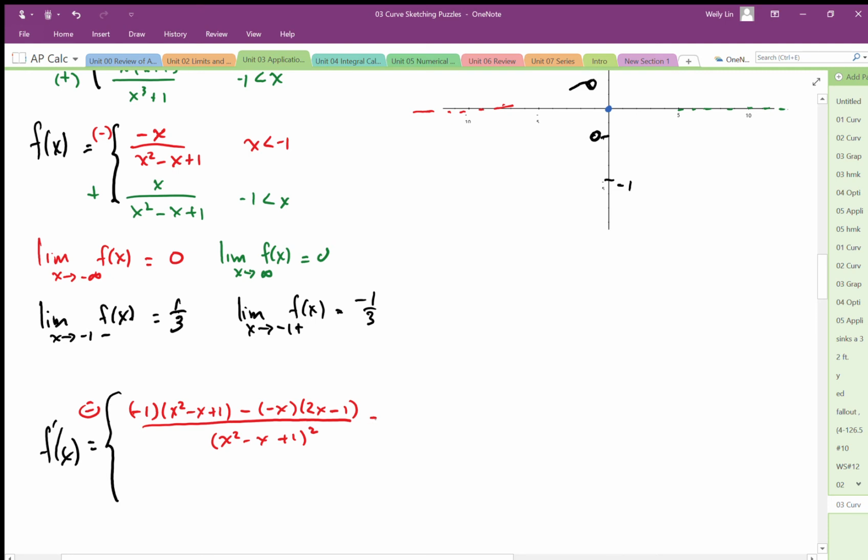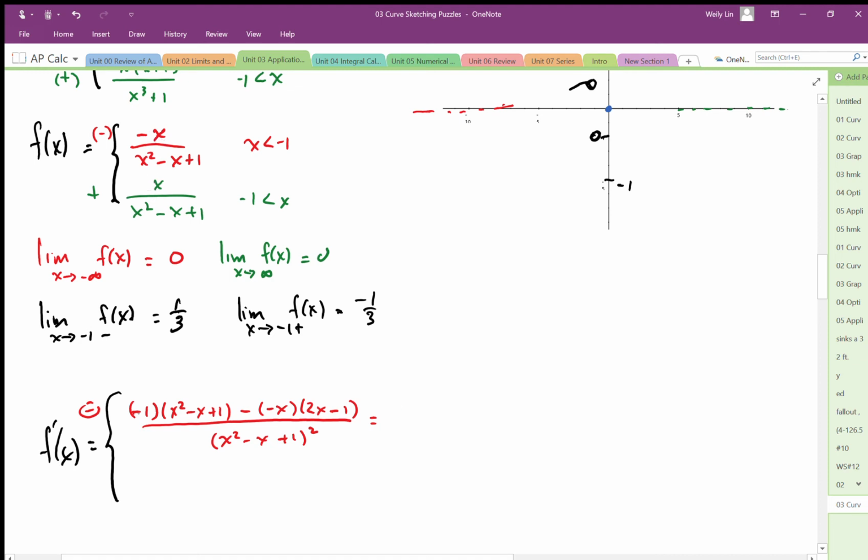Which I'm going to simplify to positive 2x squared, negative x squared there. I really should maybe factor out that negative, but that's okay. The only difference between these two functions is a negative, so my green function is just going to be the opposite version of the red function.